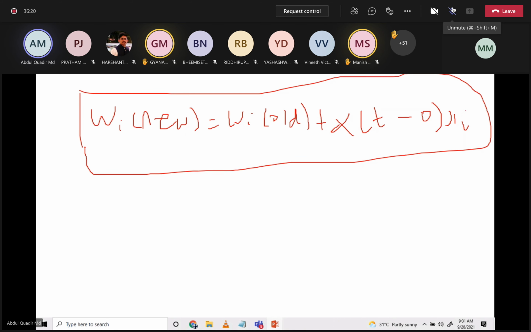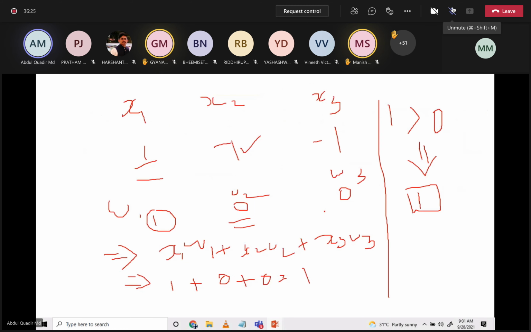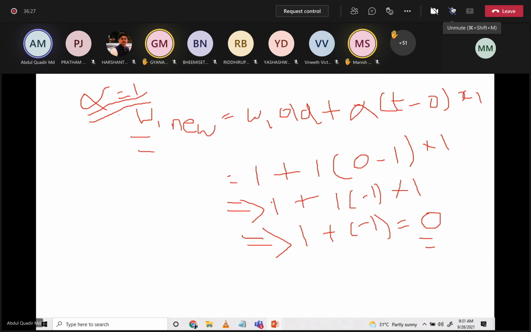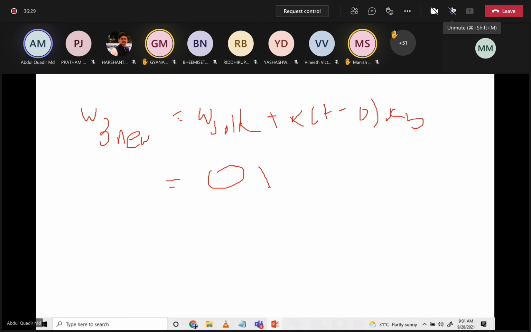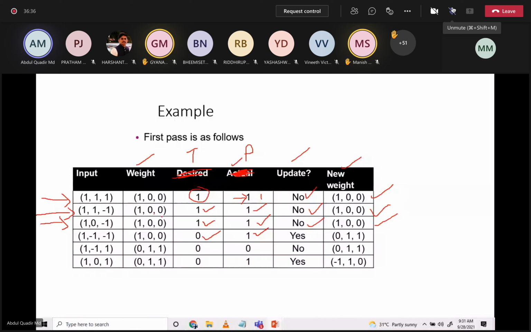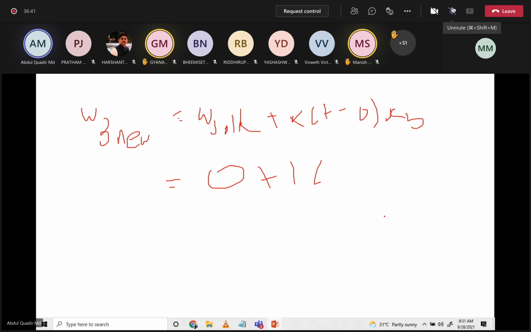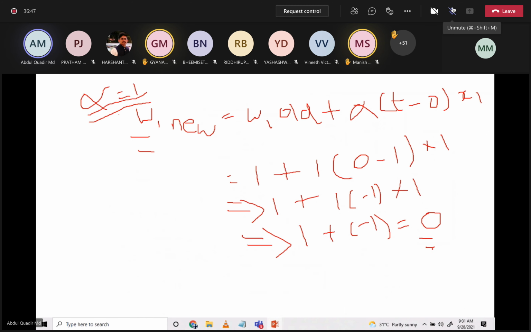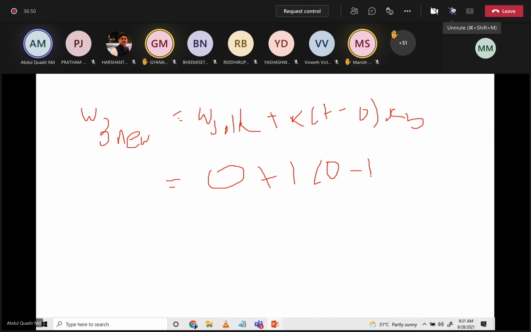Now what is the W3 value, students? W3 value is 0. Plus alpha value is given as 1. And what is the target we have got in the table? 0. Minus what is the output we have got? 1. Into x3. What is x3?